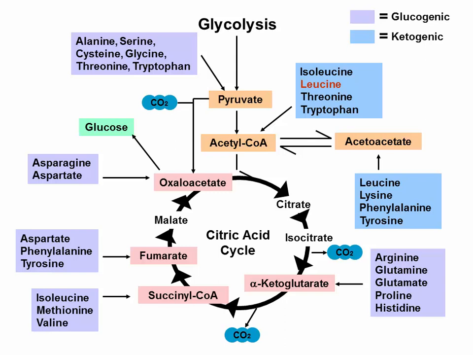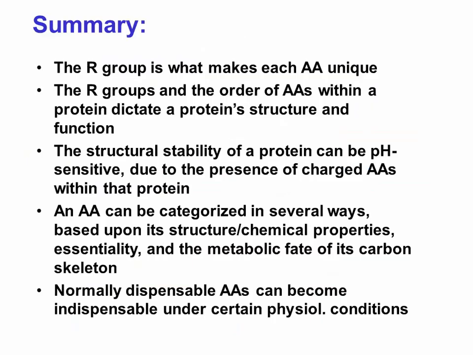So the other ones, lysine, phenylalanine, tyrosine, these do lead to glucose. Leucine is the only one that we would say is uniquely ketogenic. It does not give rise to a net increase in carbon in the TCA cycle. It's not anaplerotic. Okay. So any questions about any of that we've talked about?